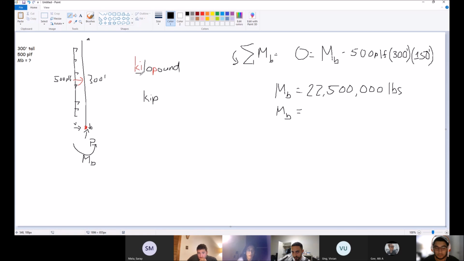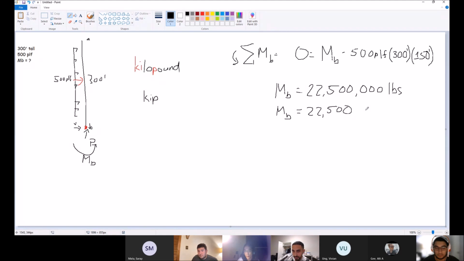You see KI from the kilo, P from the pound, KIP, and then KIPS, kilo pounds. This makes so much sense, now I get why it's called KIP. So kilopounds, so we're just going to divide by 1,000.